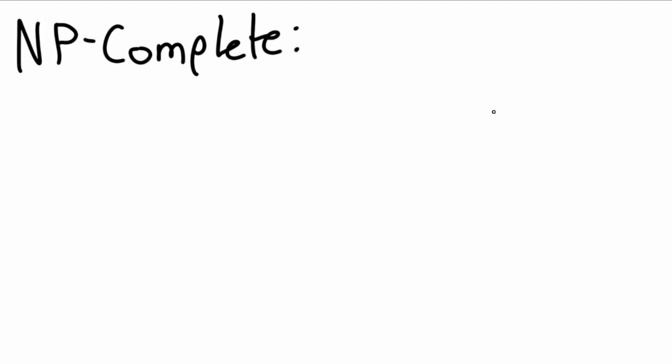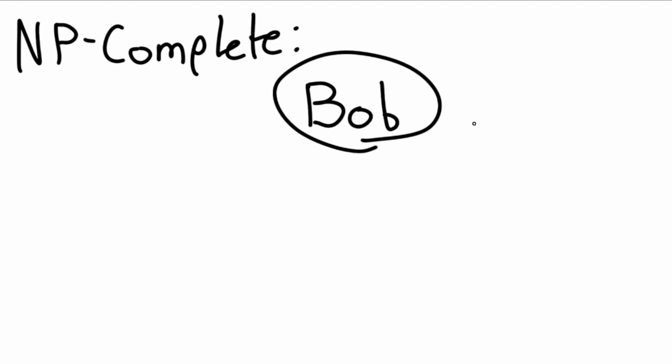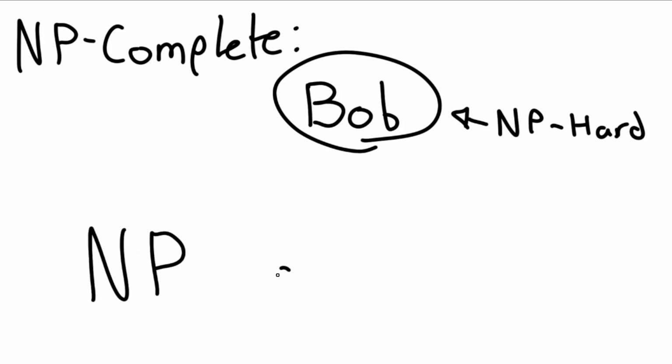Now we'll move on to NP complete. If we take Bob, and Bob is NP hard, an NP complete problem is both NP and NP hard.